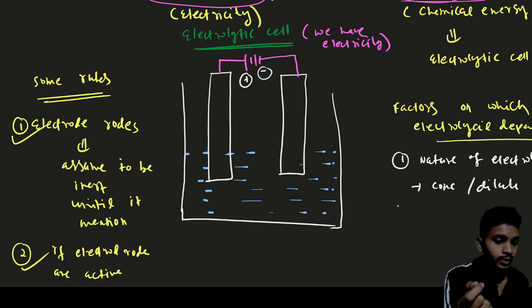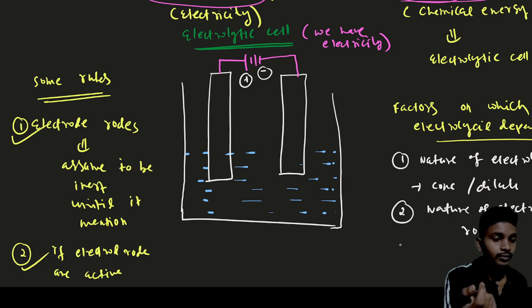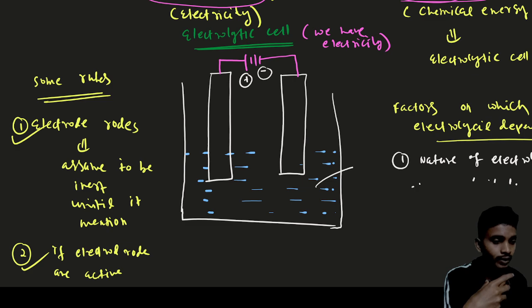And also it depends on the nature of the electrode rod, whether the electrode rod is active or inert. So these are electrolytes and electrode rods. We will discuss the different cases, and what happens in each.